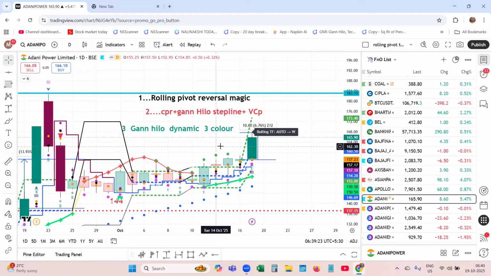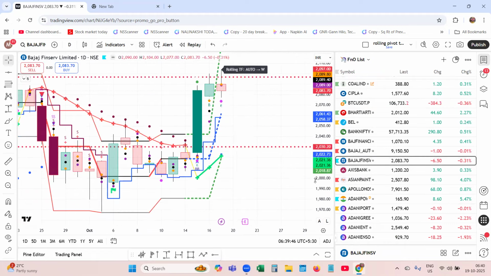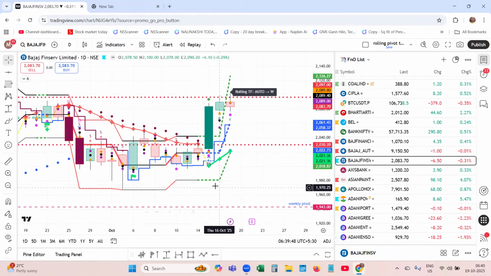So friends, this is a universal indicator. You can make an FNO list like this, and you can select the stocks very, very early and enter early. You can cash in. So I'm just clicking on this Bajaj Finserv.